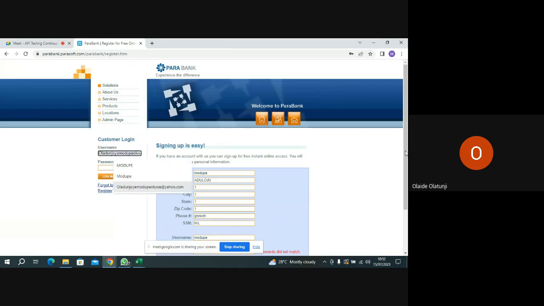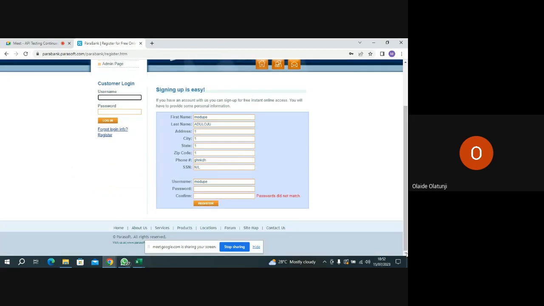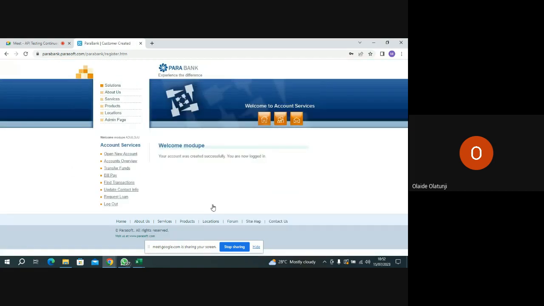Now make it 4 digits. Okay. So if you're testing the application, we'll log it as a bug.